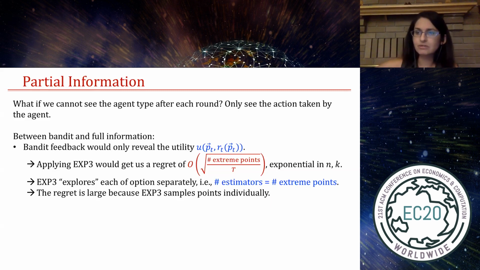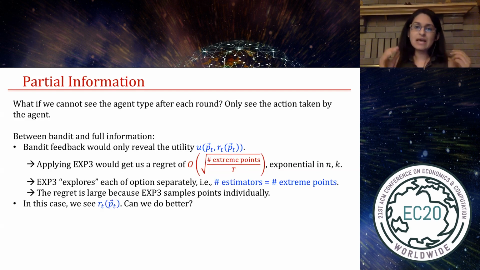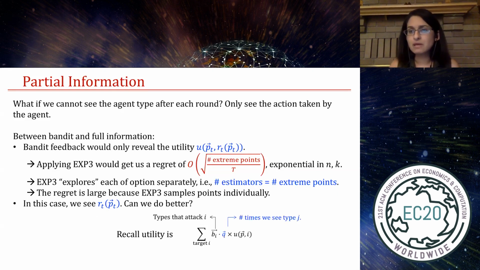That's why the regret is so high if I were to just plug in a typical bandit algorithm. But in this case, we have more information than bandit. I'm seeing the response, and because I'm seeing the response, maybe I can do better. Why should I be able to do better?